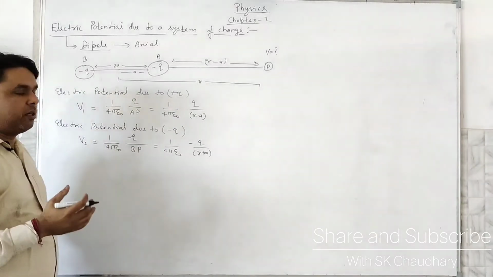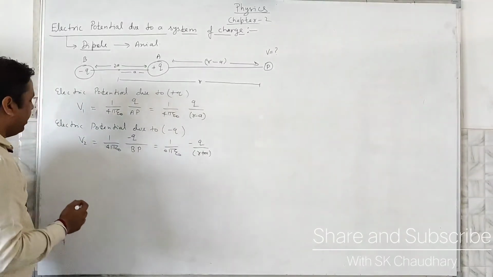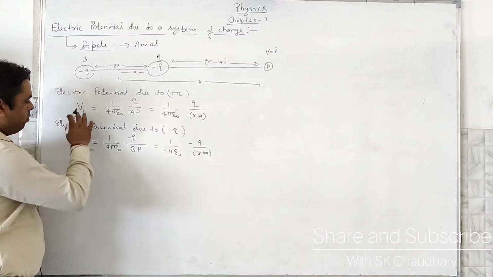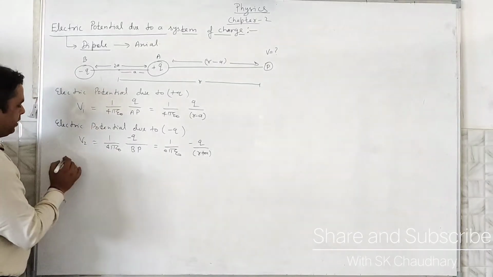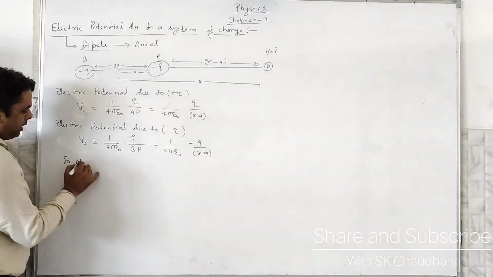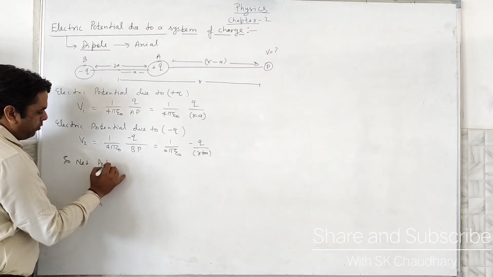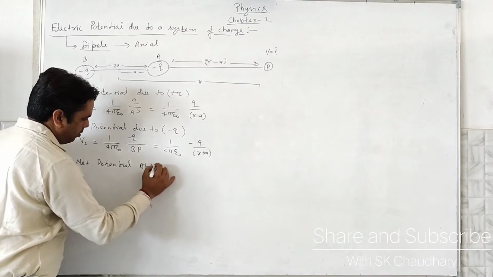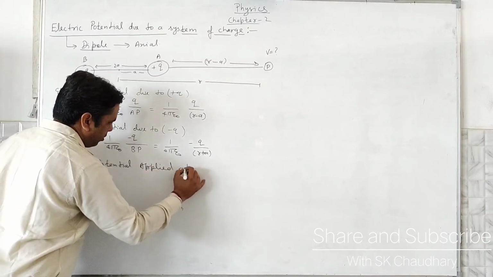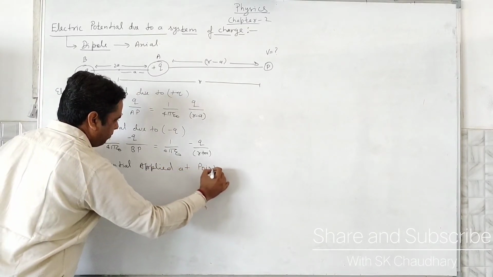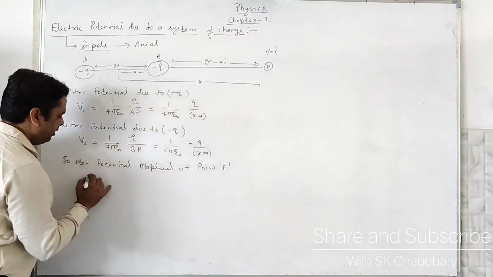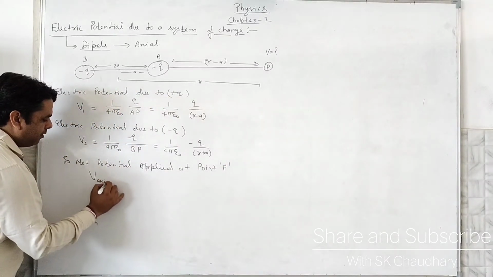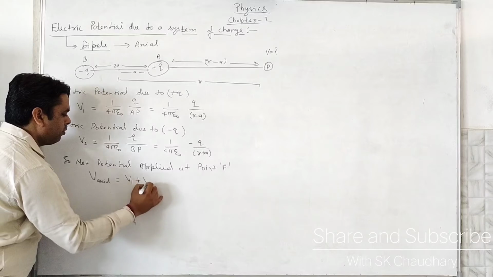As we know it is a scalar quantity, we can directly calculate the sum of these two by the algebraic sum. So the net potential at point P, V axial, will be V1 plus V2.